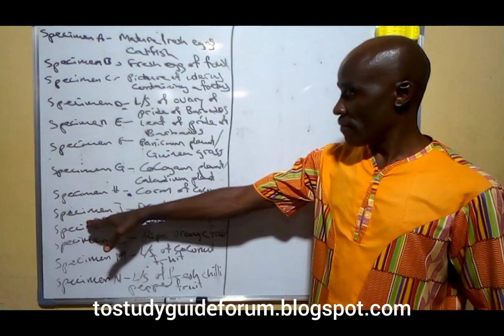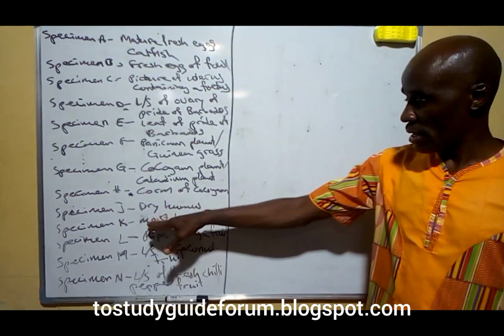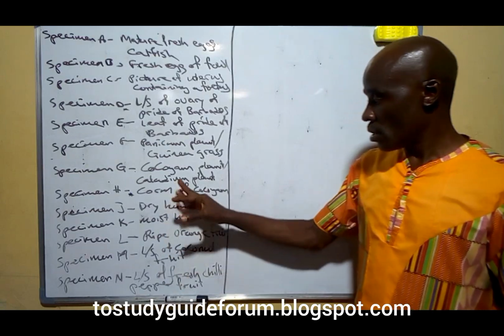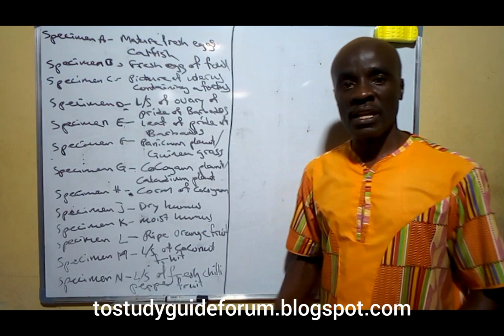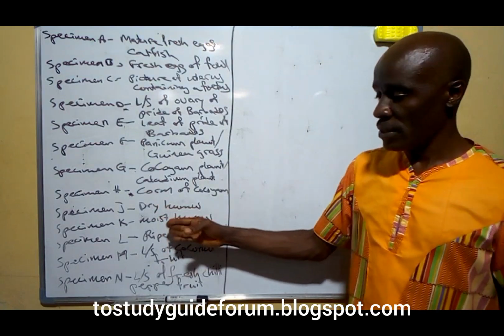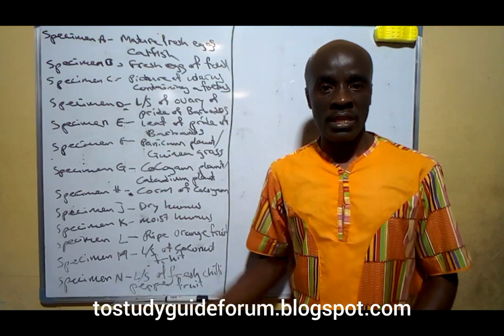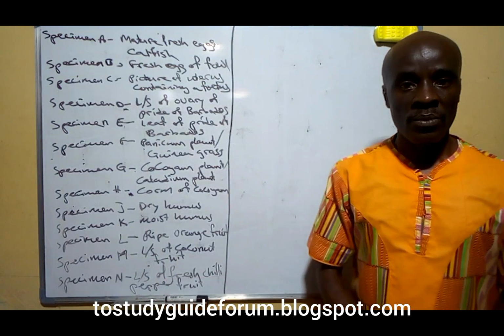So the next one, we have the dry humus and moist humus. Two of them have something in common. In this case, you are likely to expect something like calculating the percentage water content in the humus.